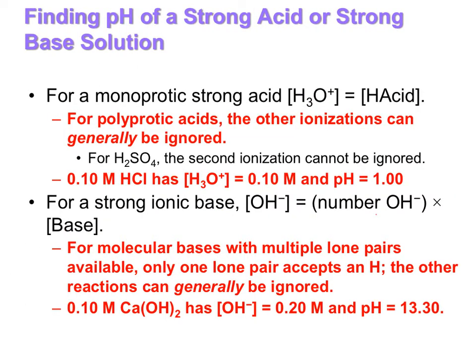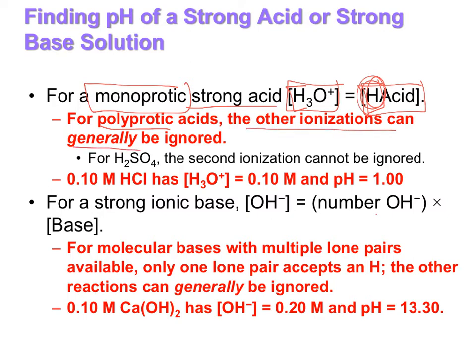So in general, when you have a monoprotic strong acid, meaning it only has one proton to give off, the concentration of the acid will equal the concentration of hydronium. For polyprotic acids, meaning you're going to have more than one proton to be given off into solution, the other ionizations can generally be ignored except for H2SO4.